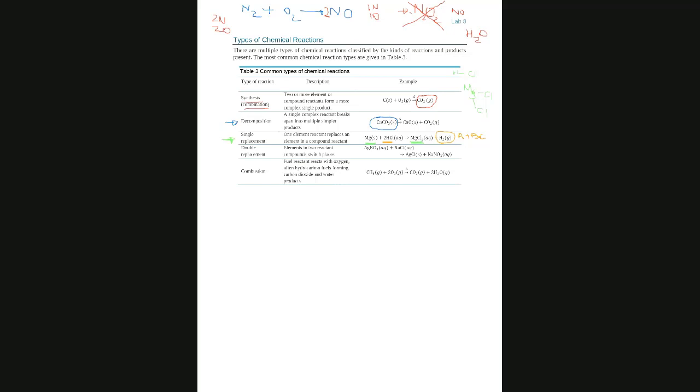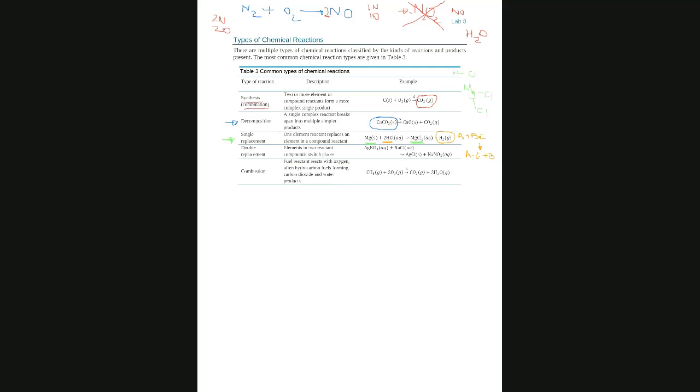And you are going to form A, which is magnesium, combines with C plus B. This is in general, you don't need to learn this. I'm just showing whatever is easier for you to remember what is a single replacement.